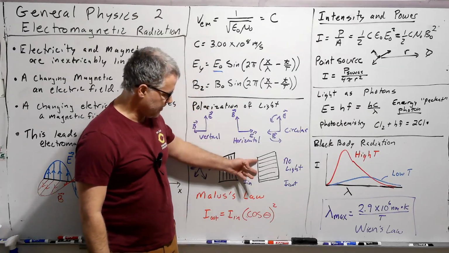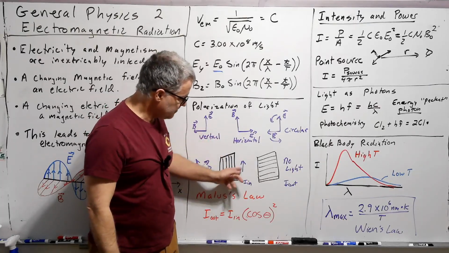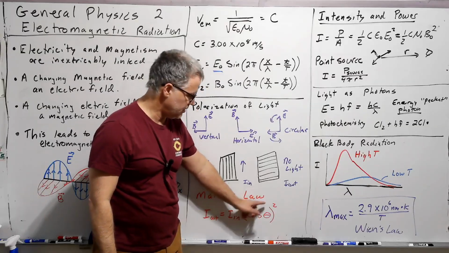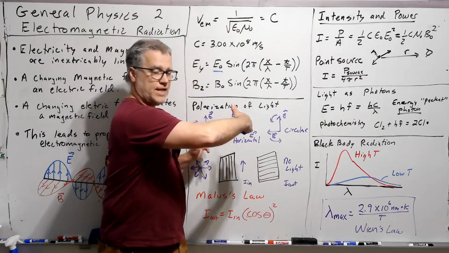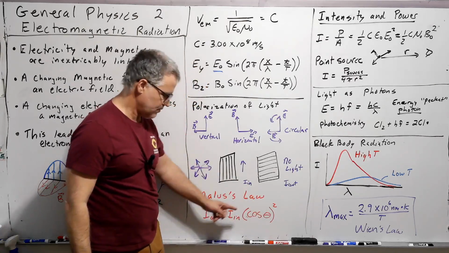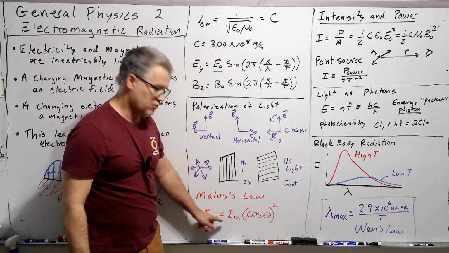Here we have the angle at 90 degrees. This is the angle of the polarizers relative to each other. Here it's 90 degrees, so cosine of 90 is 0, squared is 0. If we pulled it all the way up, then cosine of 0 is 1, so 1 squared would be 1, and output would equal input.